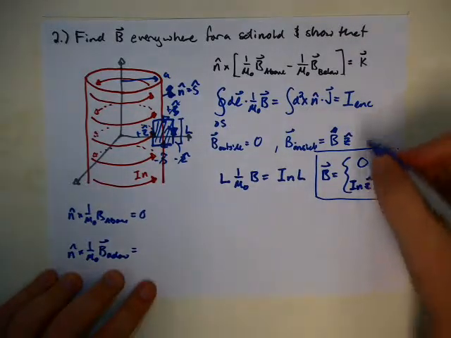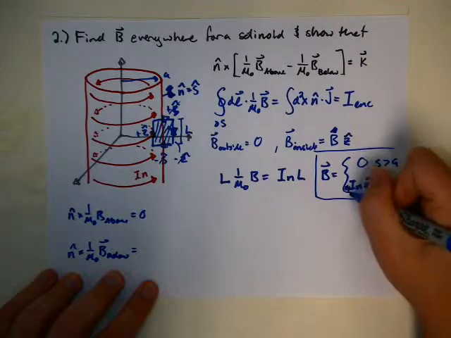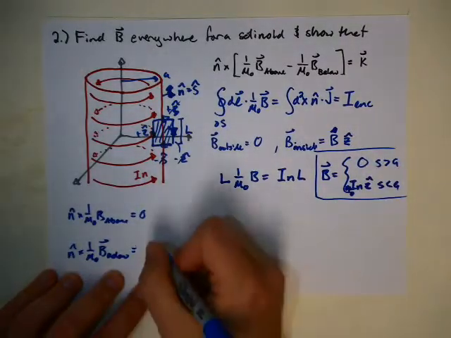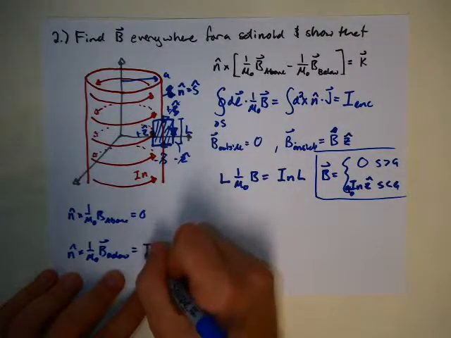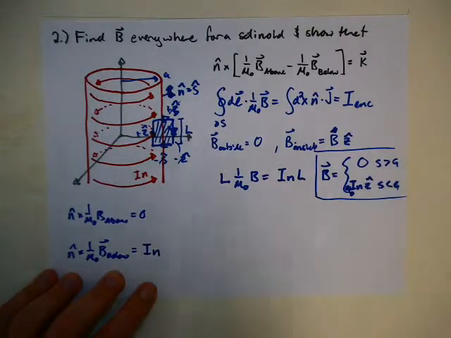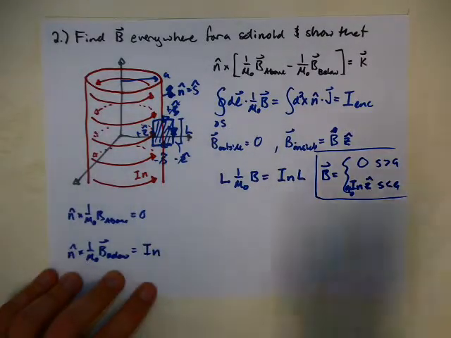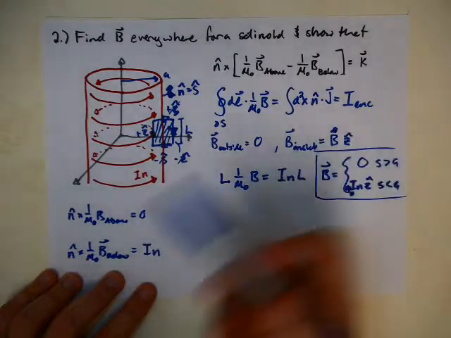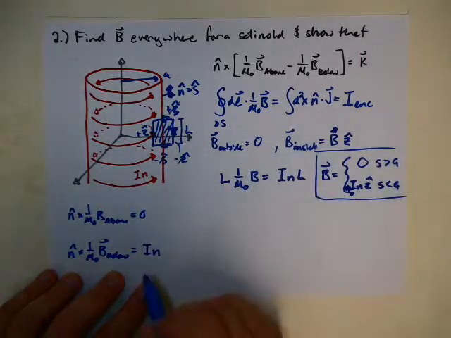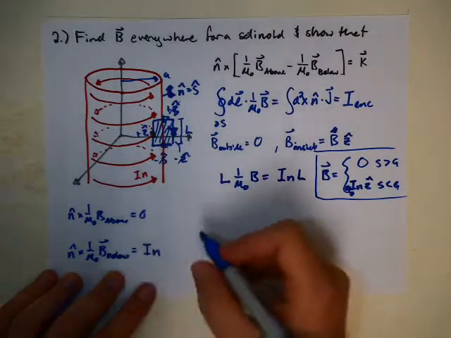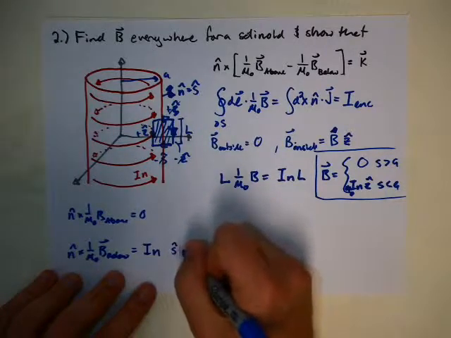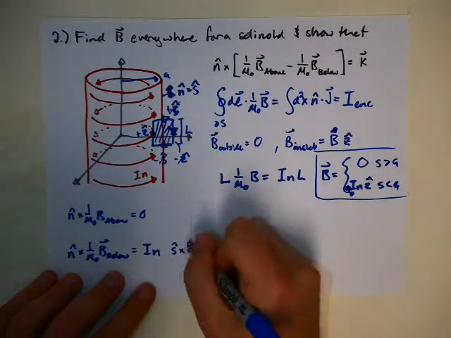is, oops, this has a mu naught there. The mu naughts are going to cancel, so this is going to give me I n, where n is the number of windings per unit length, and then the n hat is s hat, so this will be s hat cross z hat.